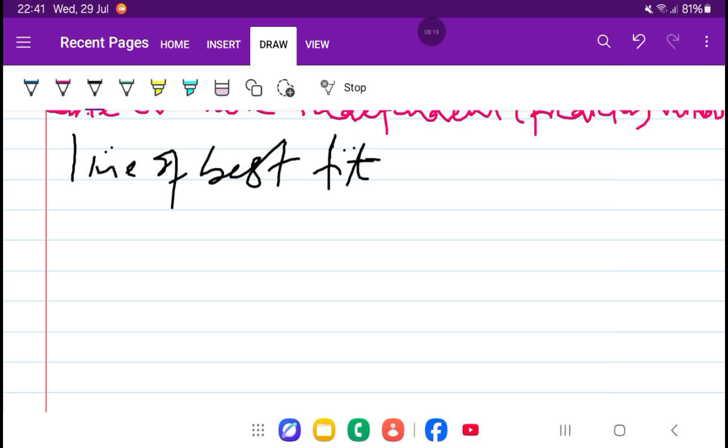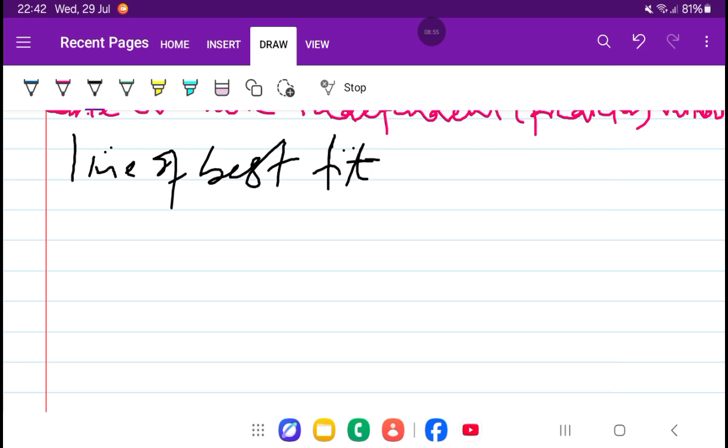But we shall get to a computational moment where we can know exactly how to compute that line of best fit, even though it's not so much examinable, especially drawing the line of best fit. They always bring the question, but the question always wants you to find the equation of the line.